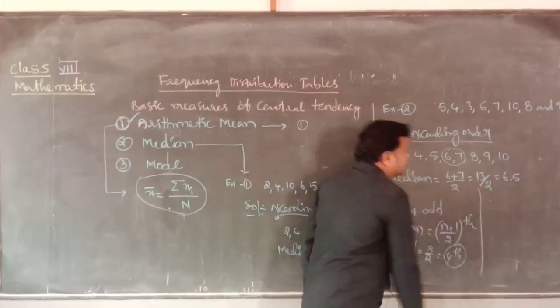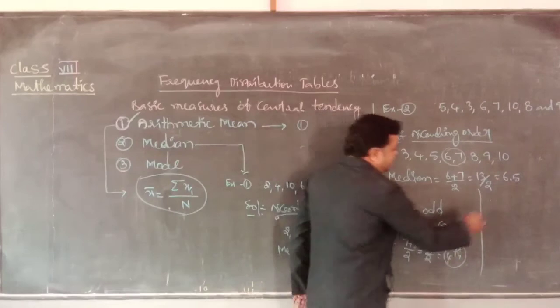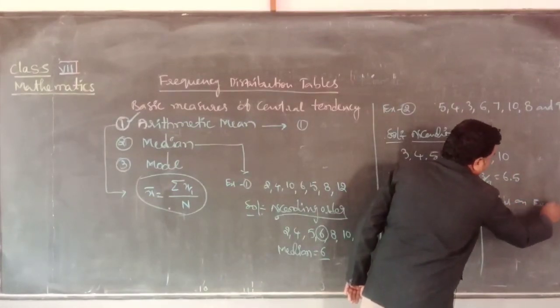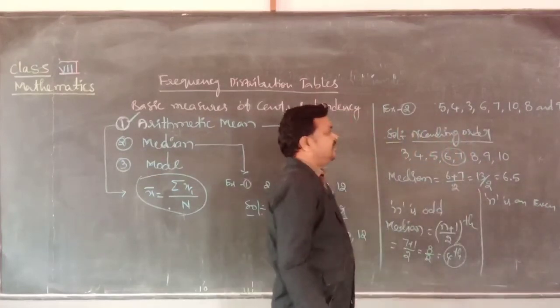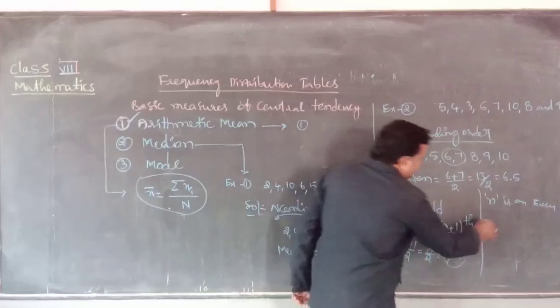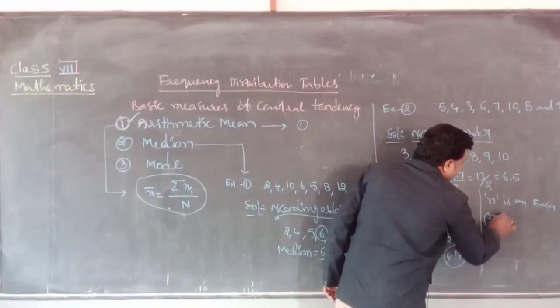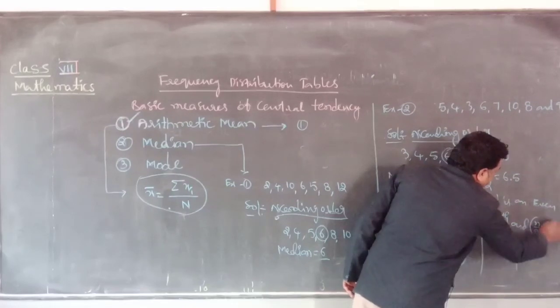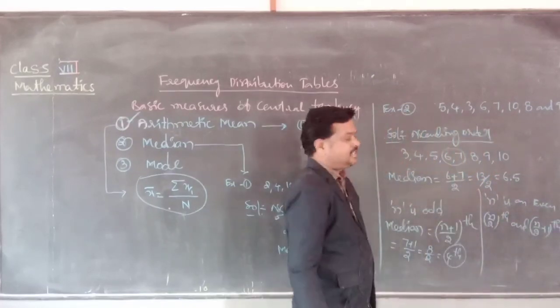In case the number of observations is even, n is even, so the median is equal to the average or arithmetic mean of the n/2 th and (n/2 + 1)th observations.